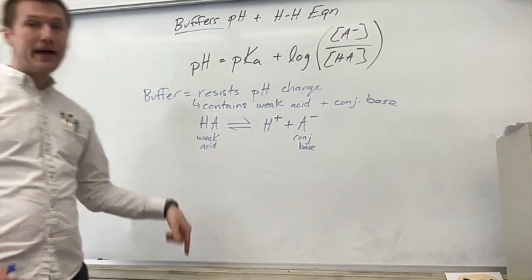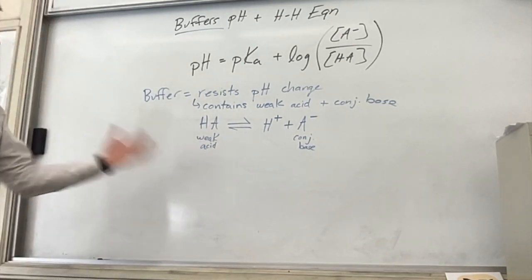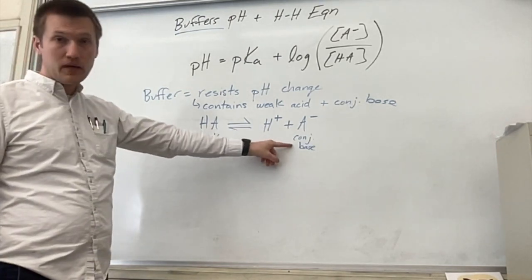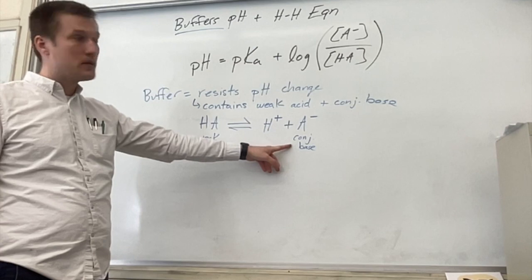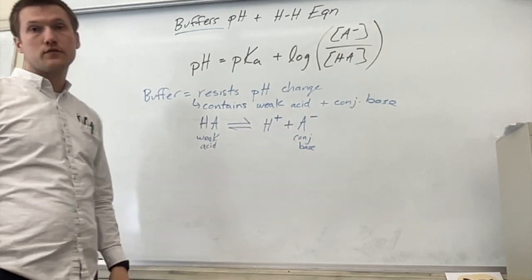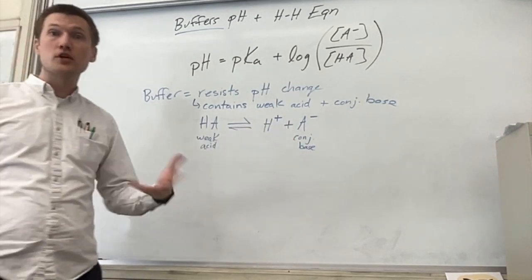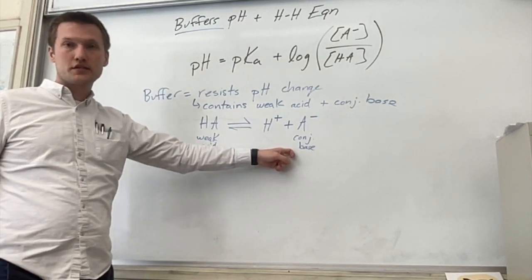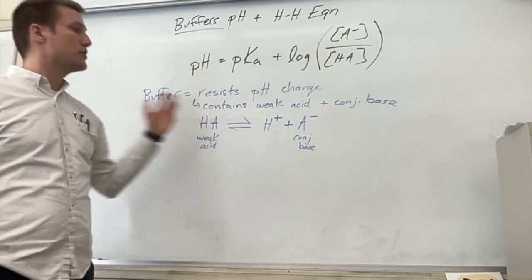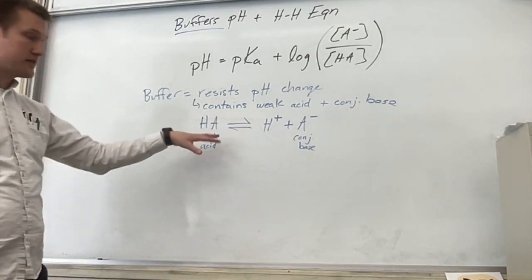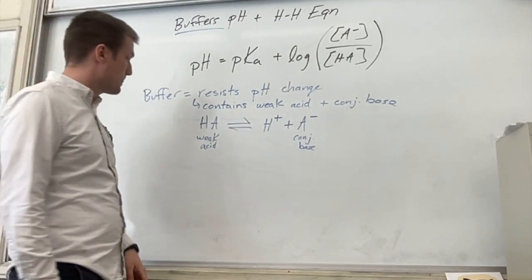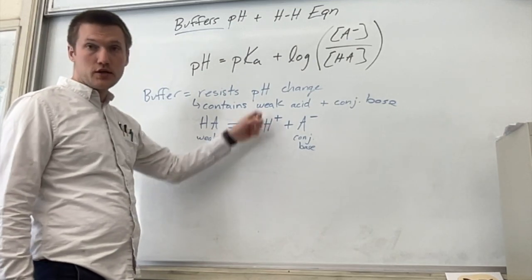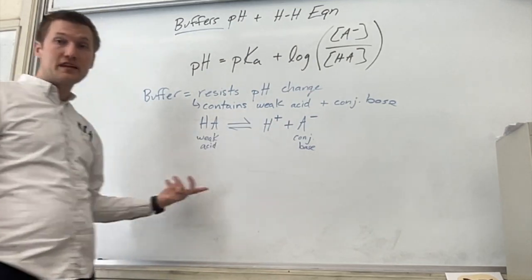And then if you add more acid into this system, the conjugate base in the solution is going to absorb the protons from that acid. It sort of mops up the acid that you add to keep the pH pretty stable. If you add base into this system when it's at equilibrium, then the weak acid can donate protons to neutralize the base that you add.